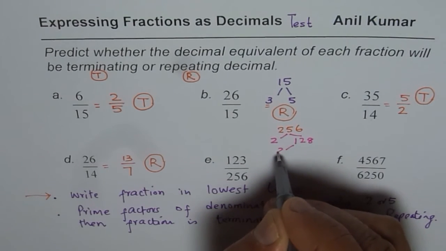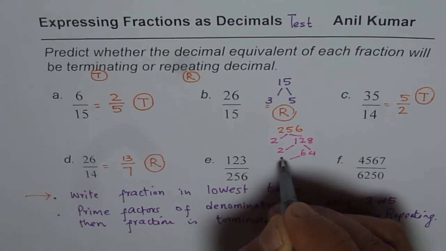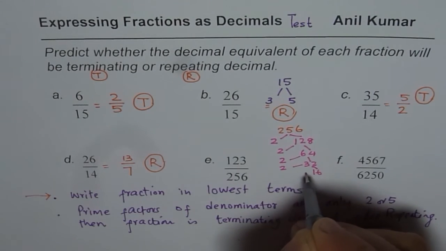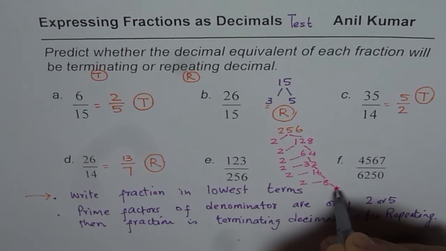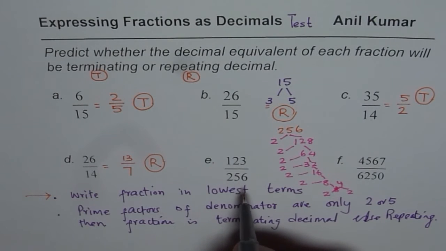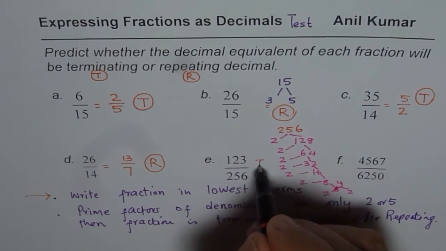Now again by 2, you will get 64, then by 2, 32, then by 2, 16, then by 2, 8, then by 2, 4, and then by 2, 2 and 2. So only 2's are the factors, and therefore dividing by 256 will result into terminating decimal.